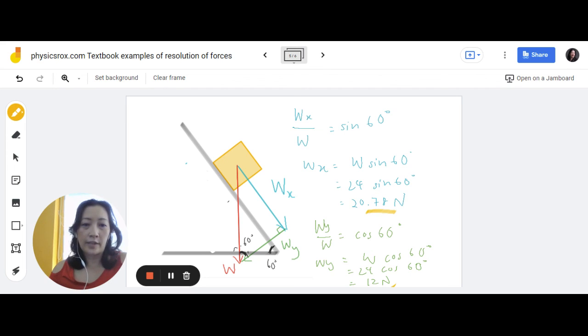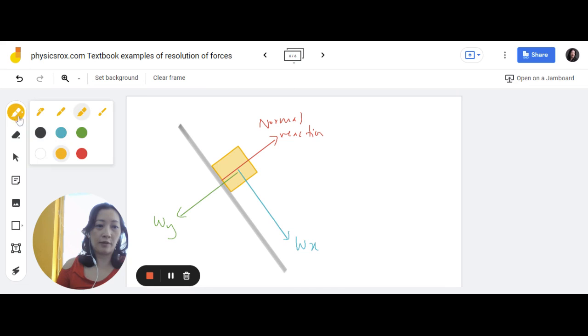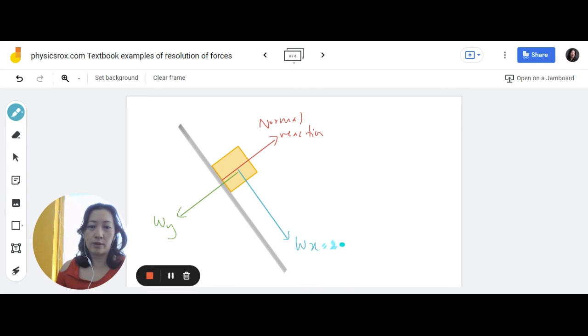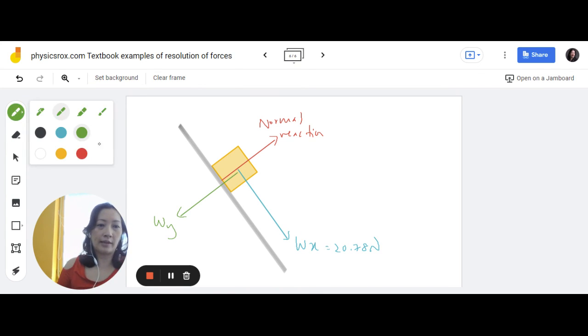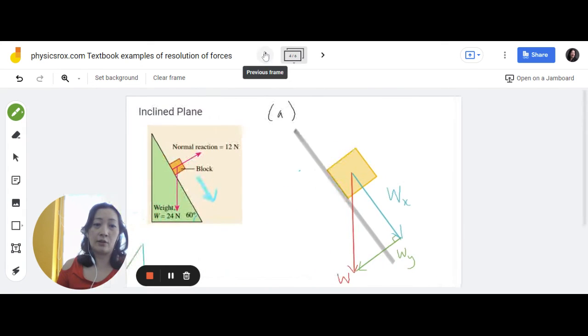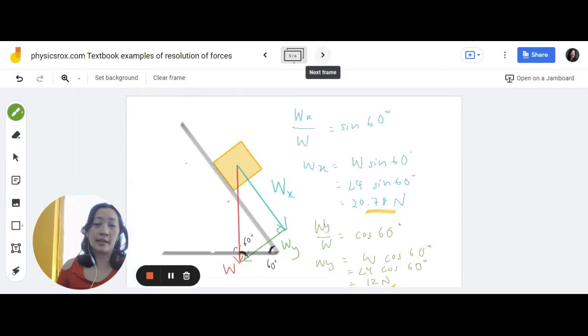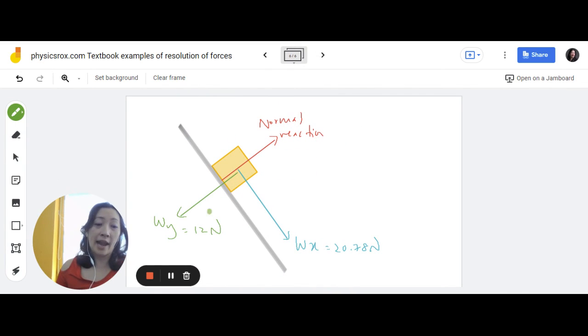However, to solve the value of the resultant forces, once we've got this, I'm just going to put the values in here. This is actually 20.78 Newton and Wy is 12. So you see, the reason why the normal reaction was 12 is because it is in reaction to Wy.